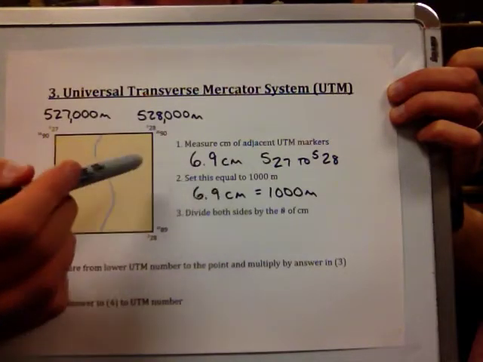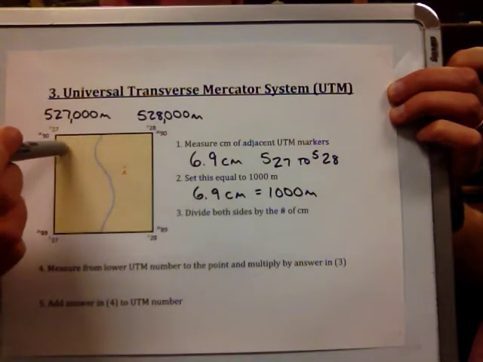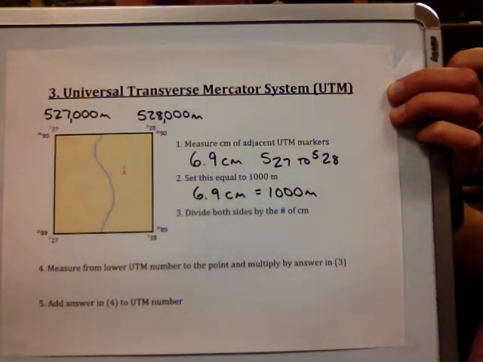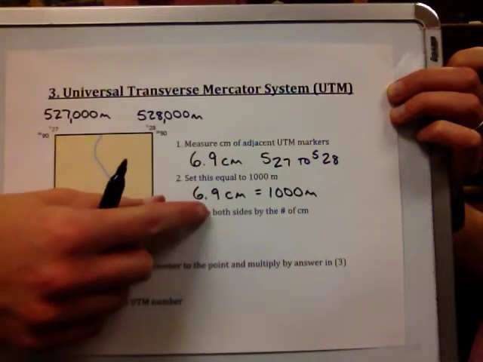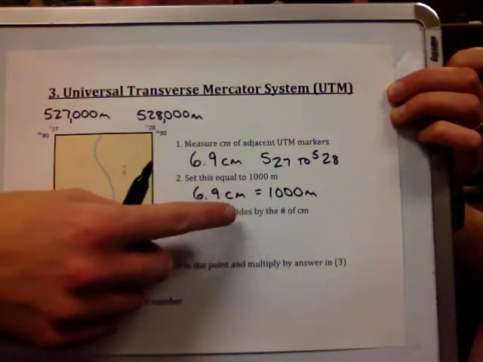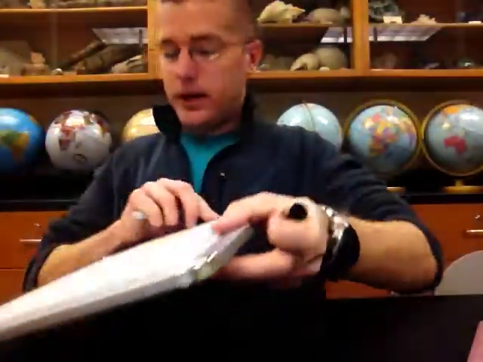That's why we set what we measured, the 6.9 centimeters, equal to 1,000 meters, because that's what we're seeing in the map area. Divide both sides of what we've set up for number 2 by the number of centimeters. So I'll go ahead and set that up so we can see what it looks like.